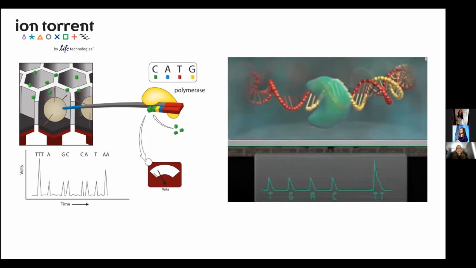If there is more than one nucleotide of the same kind, for example when we have to sequence a homopolymer, then several hydrogen ions are released and a stronger signal is detected. However, it can be problematic to detect how many bases were added if the homopolymer is longer than 7-8 bases.